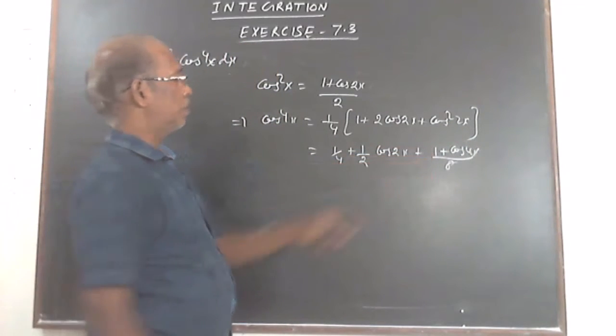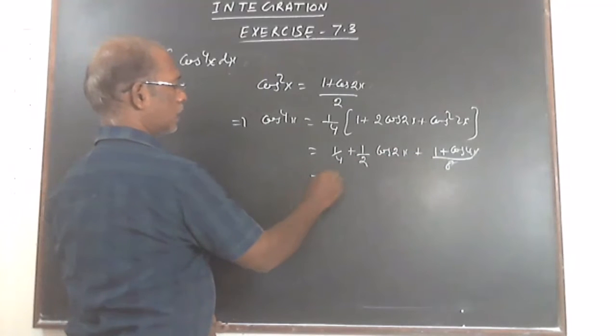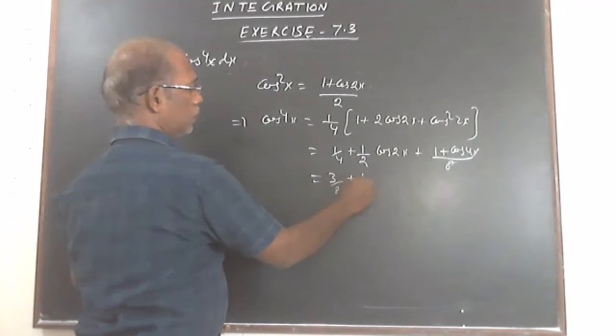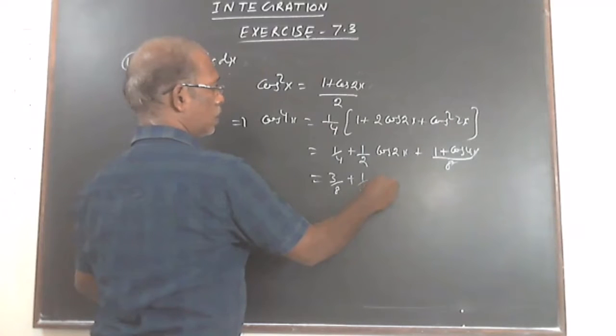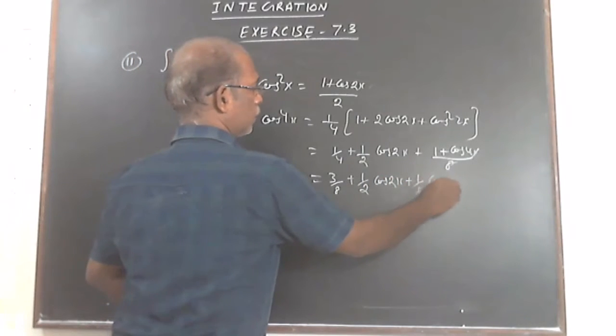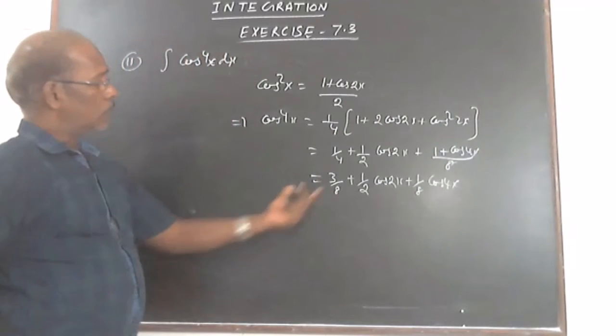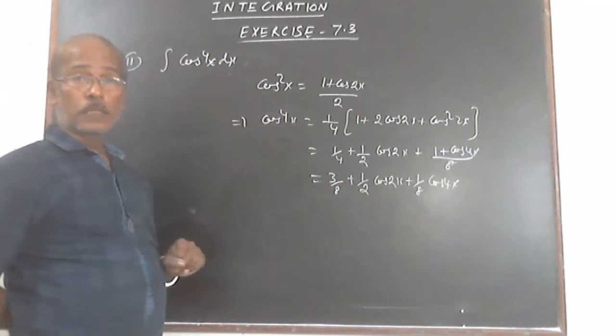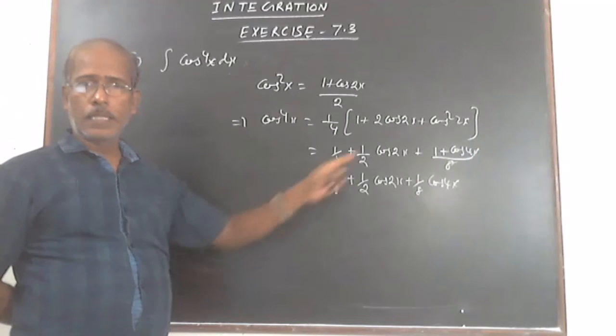So 1 by 4 plus 1 by 8 is 3 by 8, plus 1 by 2 cos 2x plus 1 by 8 cos 4x. This is the expansion of cos power 4x using trigonometric identity.